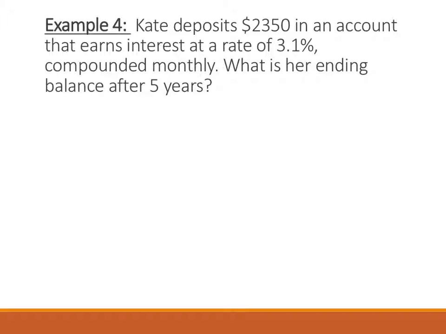Let's try example number 4. Kate deposits $2,350 in an account that earns interest at a rate of 3.1% compounded monthly. Because we're compounding monthly, our N value will be 12. Since we want to find our ending balance after 5 years, our t value will be 5. Let's plug it into the formula.